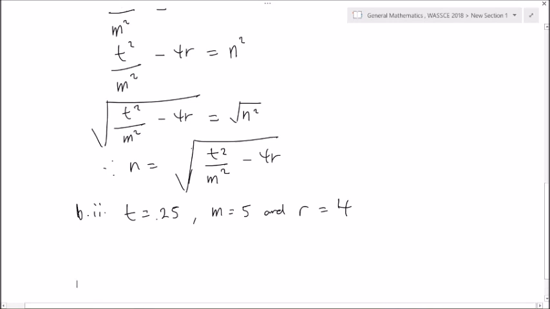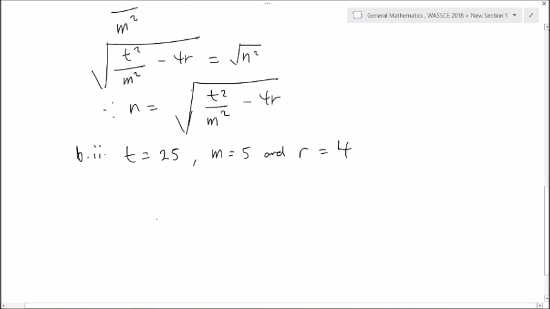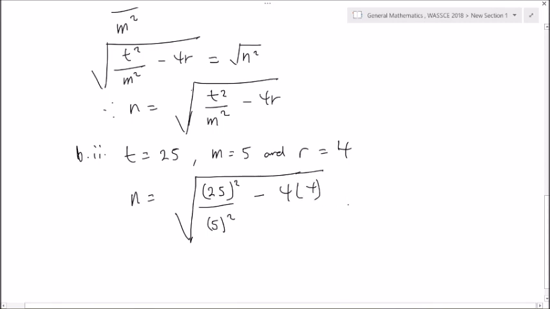So simply we just substitute the values into our relation. n is equal to root of t squared over m squared minus 4r. So let's do that. We have n is equal to root of t squared, but our t is 25. So we have 25 squared divided by m squared. Our m is 5, so we have 5 squared, minus 4r. Our r is 4.